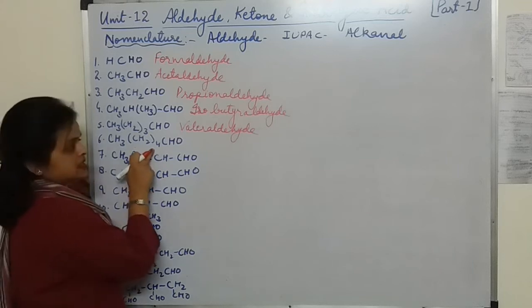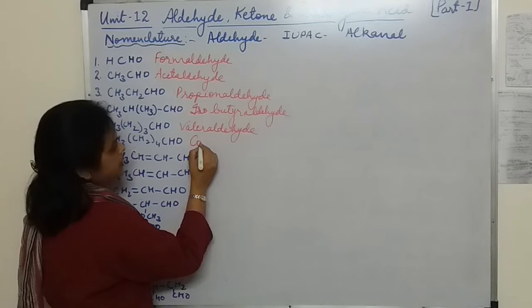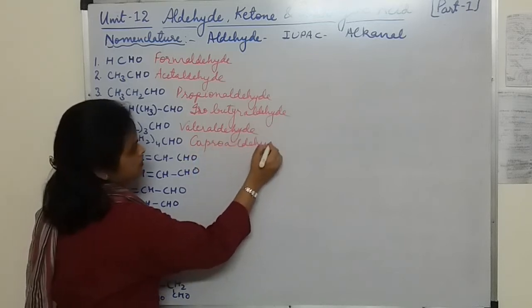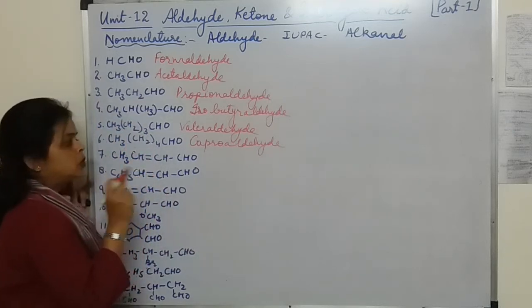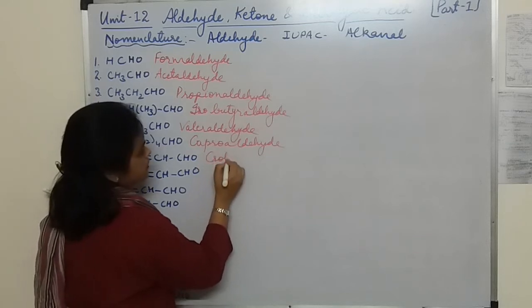Then it is 6-carbon caproic acid, so it will become caproaldehyde. Now here, earlier it was crotonic acid, now it will be crotonaldehyde.